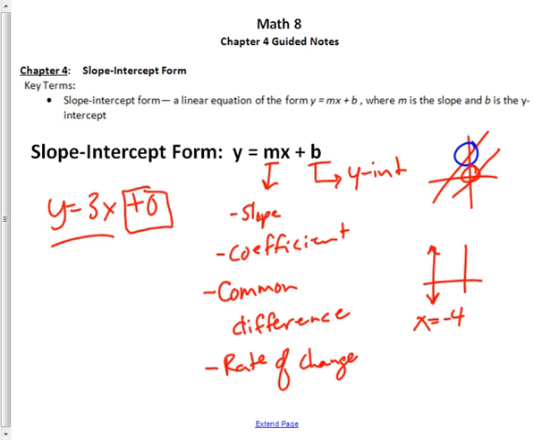So y equals 3x could be an equation, and then if anybody asked you, what is the y-intercept? You could say, well, it's 0 because there is no b for this problem. Your x and y just stand for your two coordinates that make this equation true.